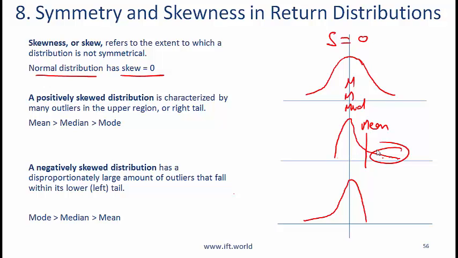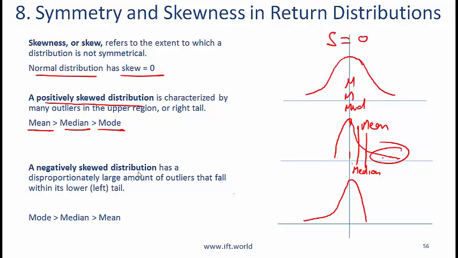So the mean is going to be greater than the median, which is going to be greater than the mode. Mode is the most frequently occurring item, so that is over here. We essentially have this relationship where the mean is greater than the median, which is greater than the mode for a positively skewed distribution.